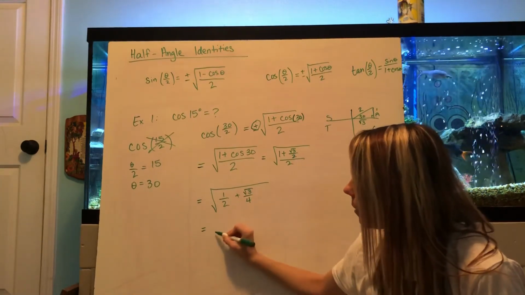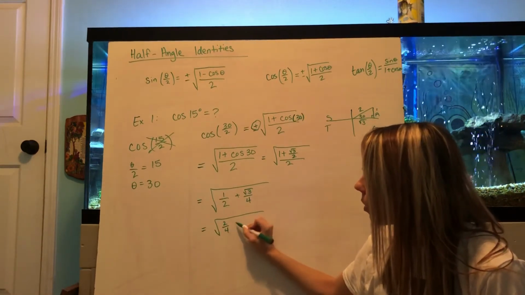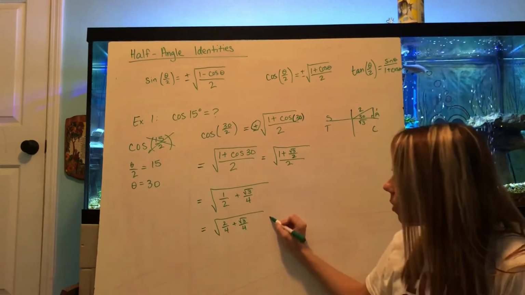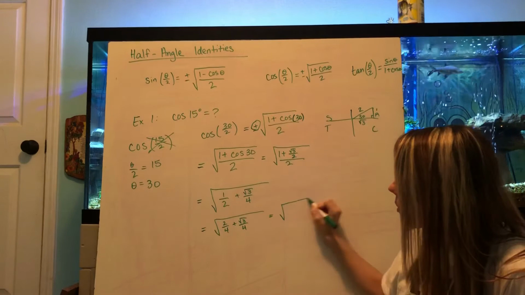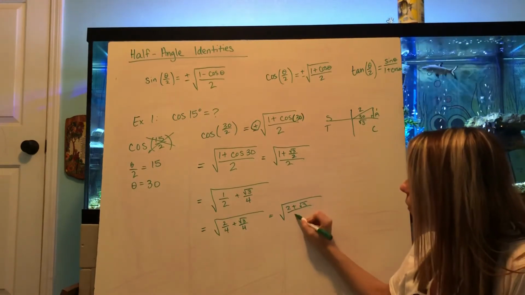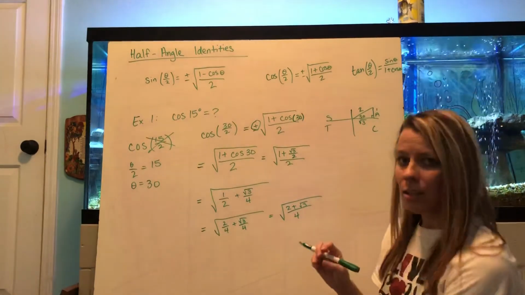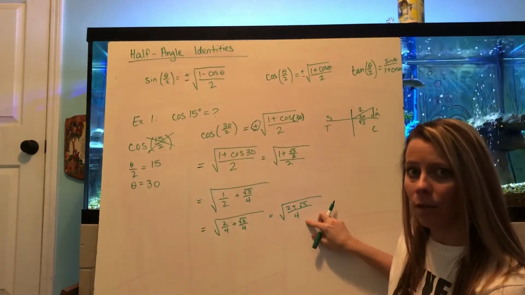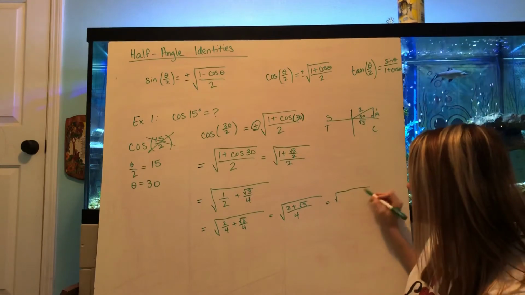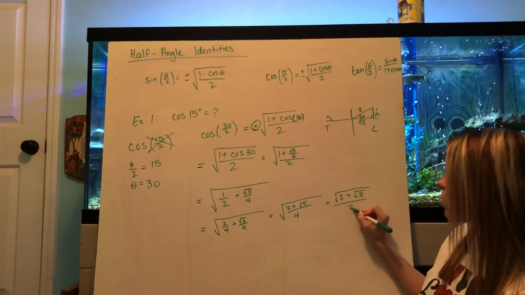That gives me the square root of 2 over 4 plus the square root of 3 over 4, which equals the square root of 2 plus the square root of 3 all over 4. The last thing I can do is take the square root of 4 in the denominator. So that leaves me with the square root of 2 plus the square root of 3 all over 2.